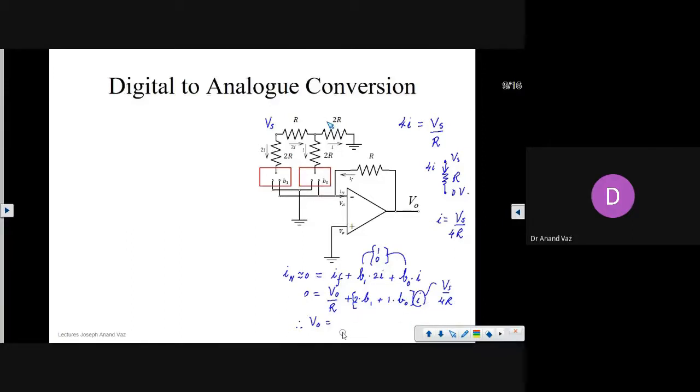So we can have V naught is equal to minus 2B1 plus 1 B naught into Vs divided by 4R.